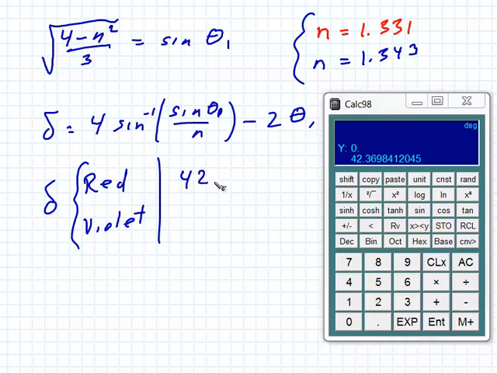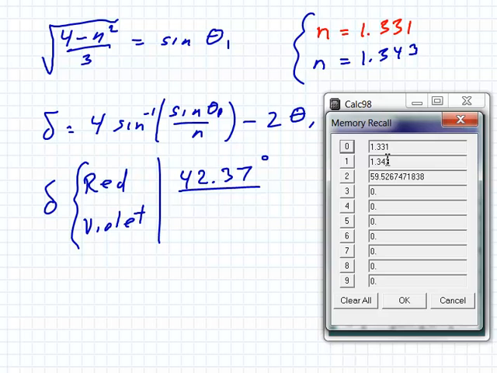So 42.37 degrees would be the angle of the rainbow for red light. Let's do it again for violet, and that ought to come out, we're expecting, somewhat smaller. Let's see if it does.